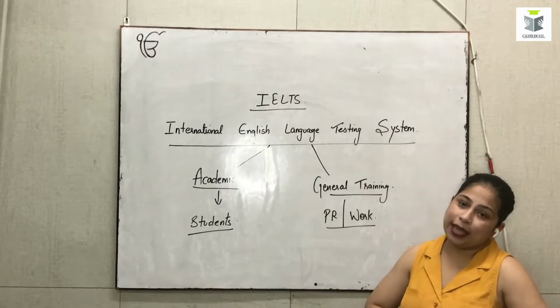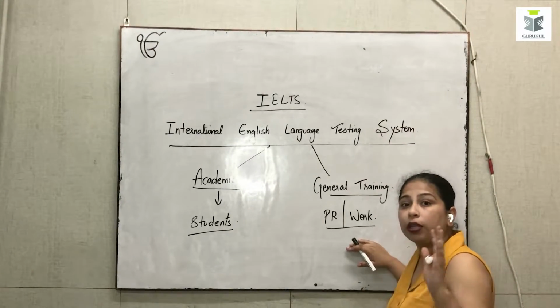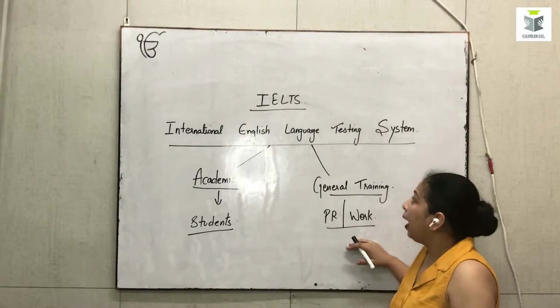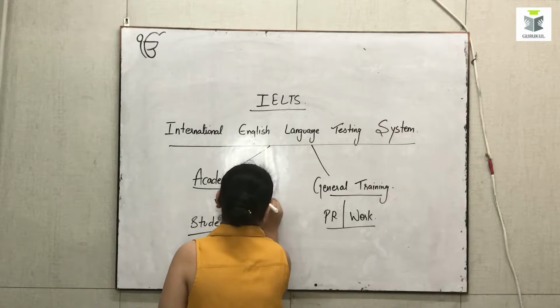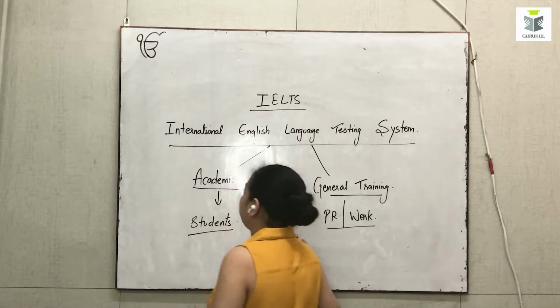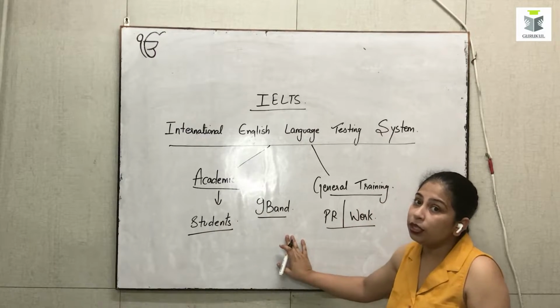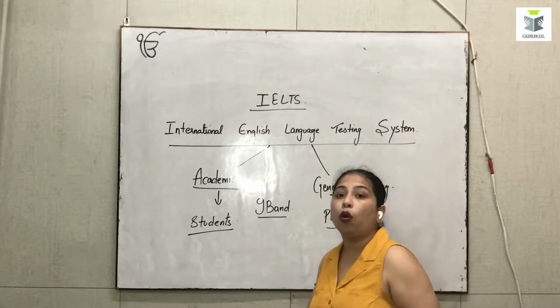Now, different countries have their own requirements for band scores in IELTS, and IELTS is usually scored out of 9 bands. The requirement for the band score differs depending on your purpose.